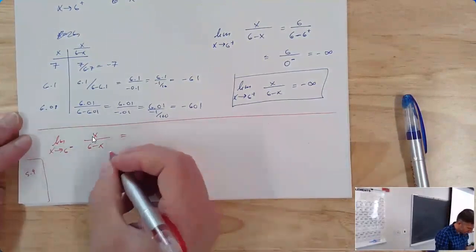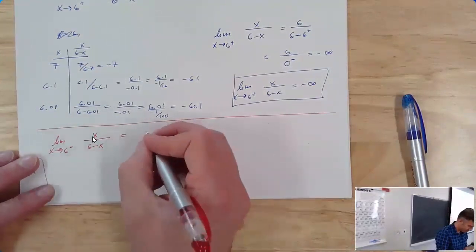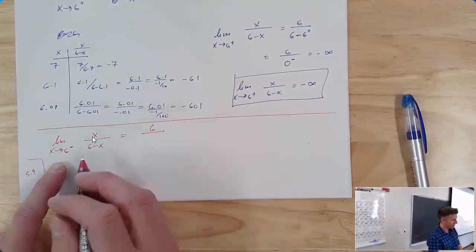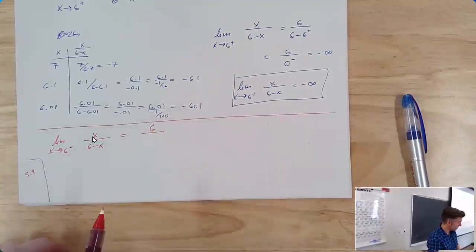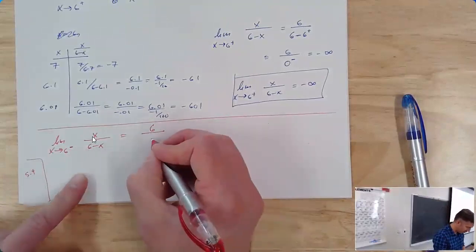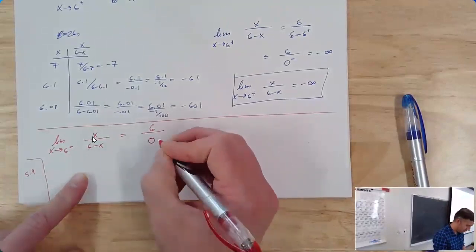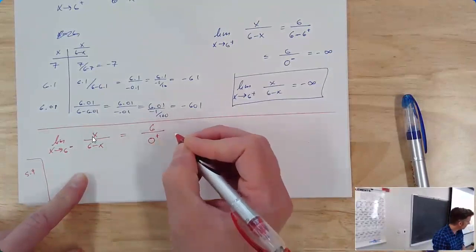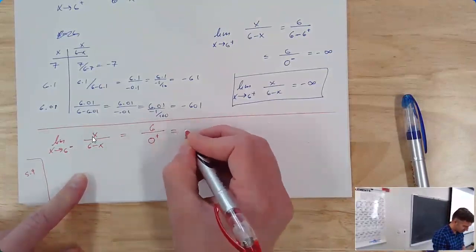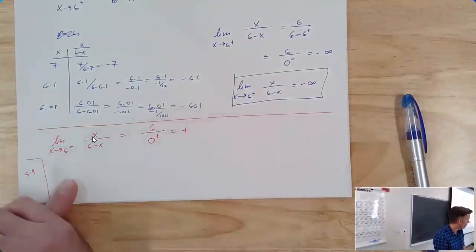So then I'm going to plug in 6. But I'm going to recognize that in the denominator, I'm actually picking a number a tiny bit smaller than 6. So 6 minus a number that's a little bit smaller than it is going to be a little bit positive. So now I have a positive divided by a positive, which is positive.